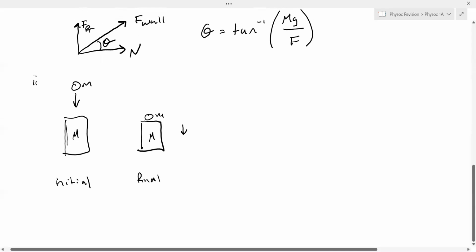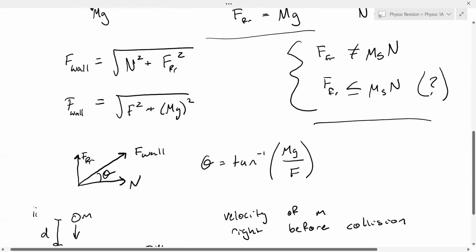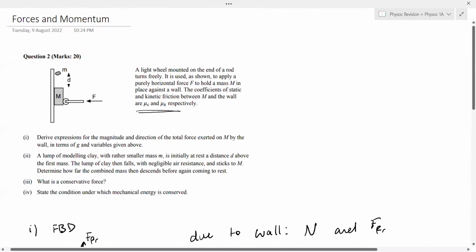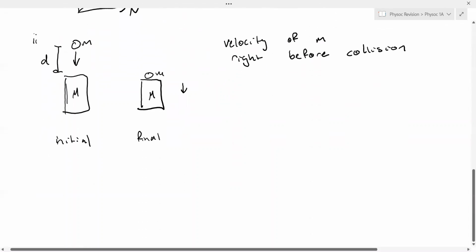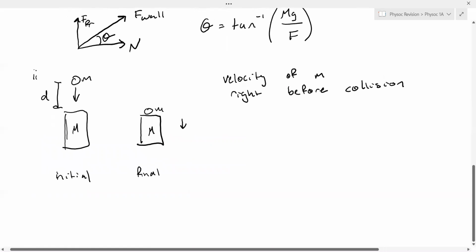So first of all, let's figure out what the velocity of the little mass is when it hits. So velocity of m right before collision, because we know it's released from rest at some distance d above the mass. To find our collisions, we need to figure out the velocity immediately before it hits the other object, and we can just use our kinematic equations for that.